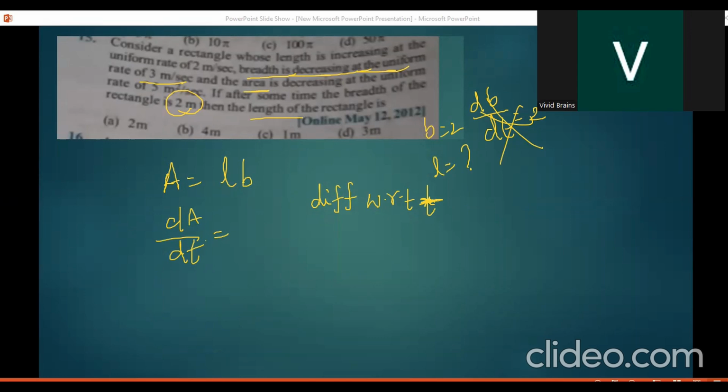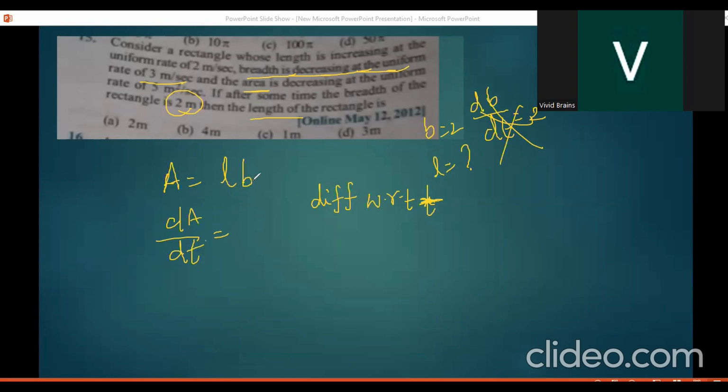Here, the two variables are L and B. I want to differentiate. But what is the operation they are doing? They are doing the operation that is multiplication. They are multiplying. Very good.